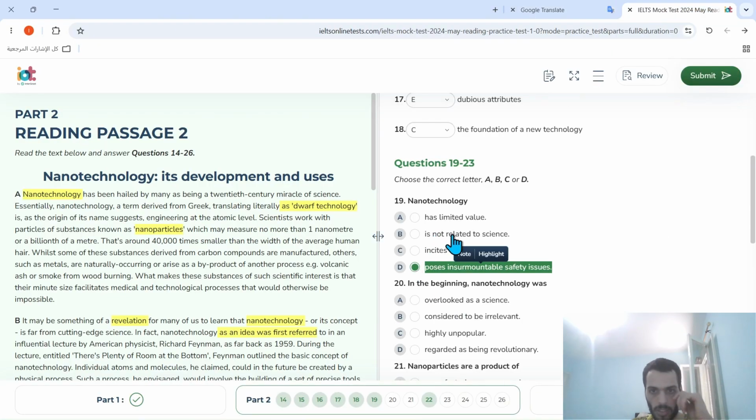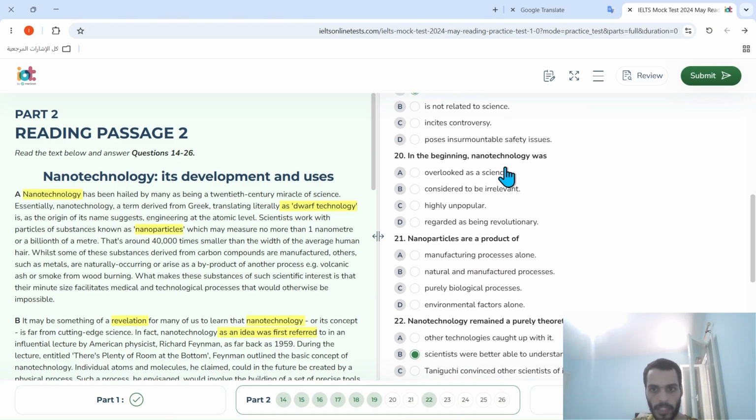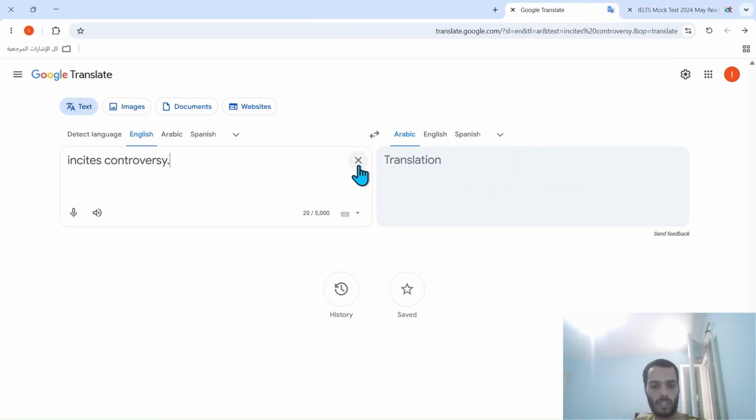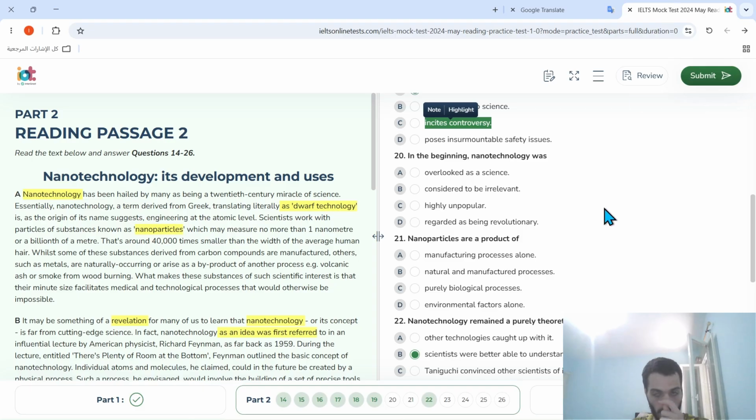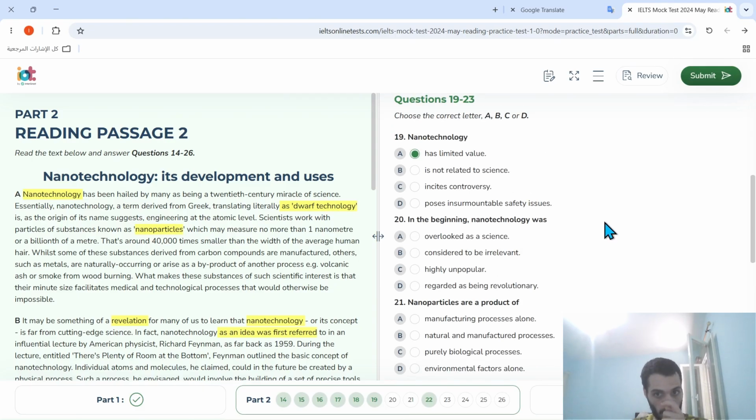Is not related to science, has limited value. In the beginning, nanotechnology poses insurmountable safety issues, incites controversy. Okay. Has limited value.